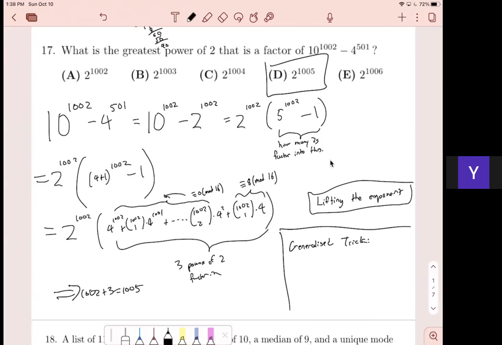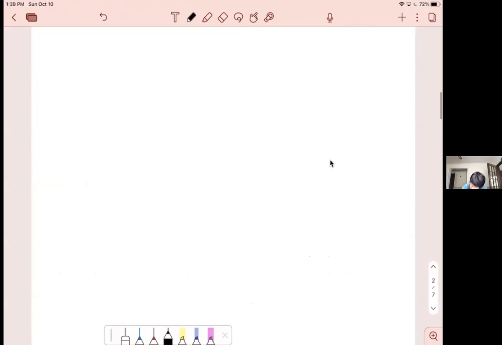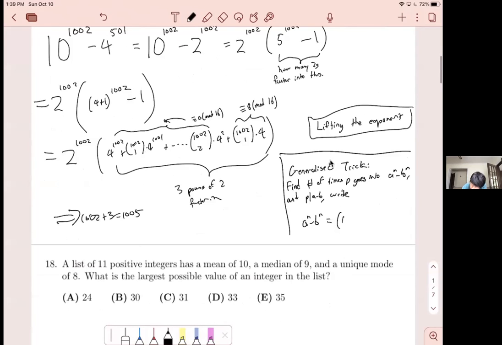So the generalized trick is that if you want to find the number of times a prime P goes into A^n minus B^n, and P divides A minus B, write A^n minus B^n as (A minus B plus B)^n minus B^n.